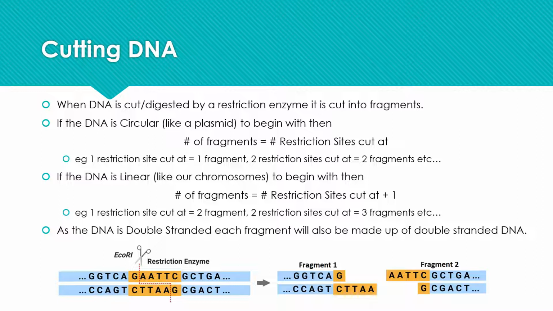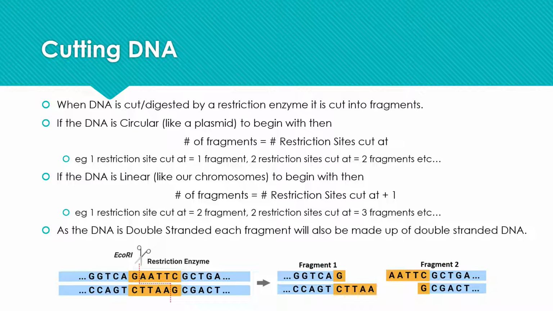So if the DNA is circular, like a plasmid, then the number of fragments you can make is equal to the number of restriction sites you cut at. Because it's circular, if you make one cut, it just opens it up and you've got one big fragment. If you make two cuts, you'll open it up and then cut that in half, leaving yourself with two fragments. If you make 3 cuts, you'll end up with 3 fragments, 4 cuts, 4 fragments. So if DNA is circular, the number of restriction sites that get cut will be equal to the number of fragments that get made.